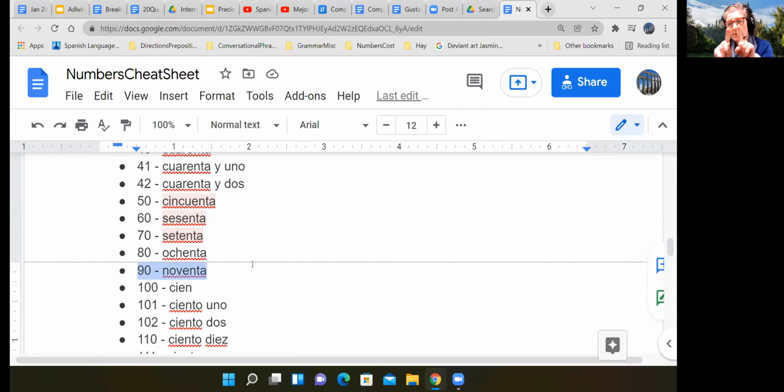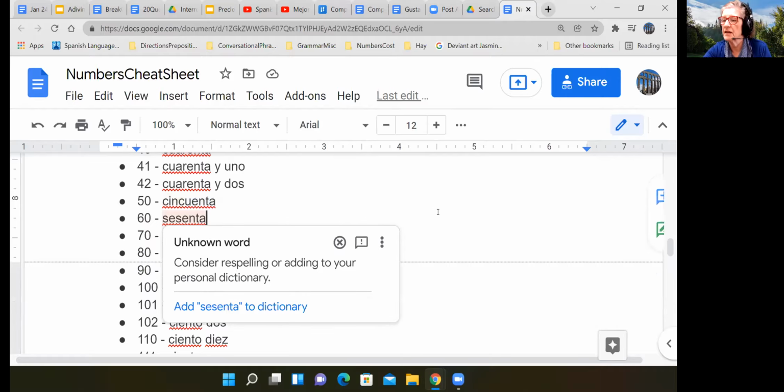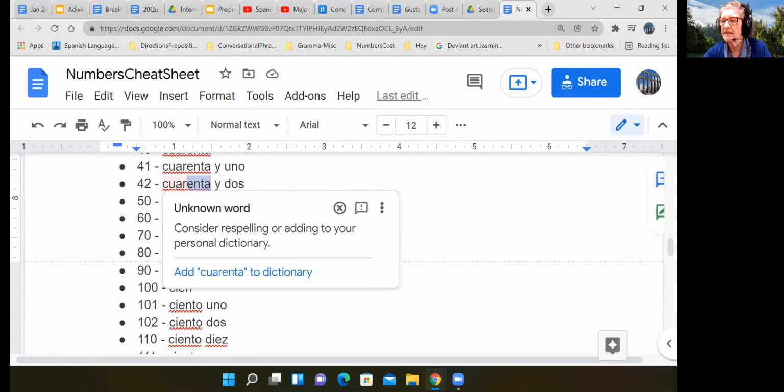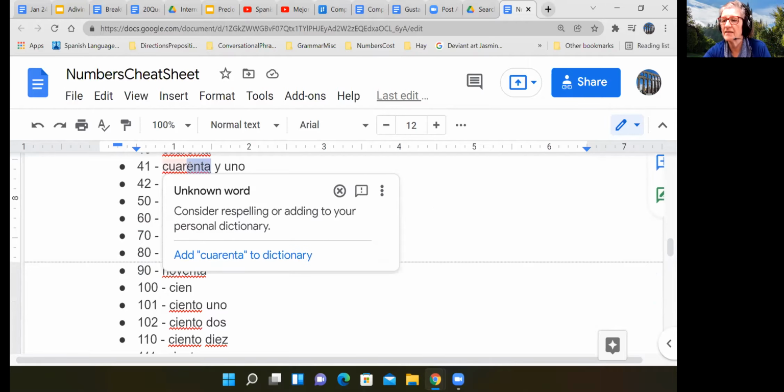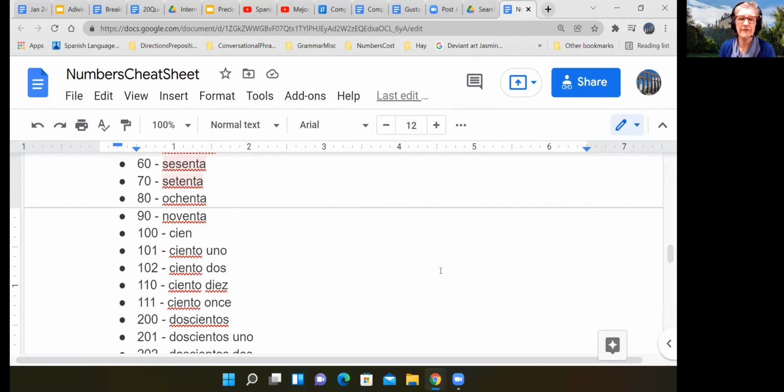But notice with the double-digit numbers, just like we have 7T, 8T, 9T, their T equivalent is that enta. Enta is that equivalent of us using TY for 4T, 5T, 6T.